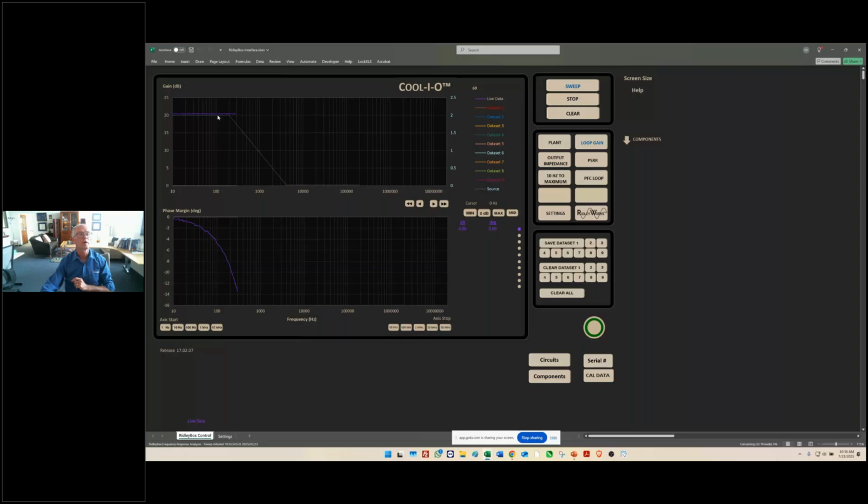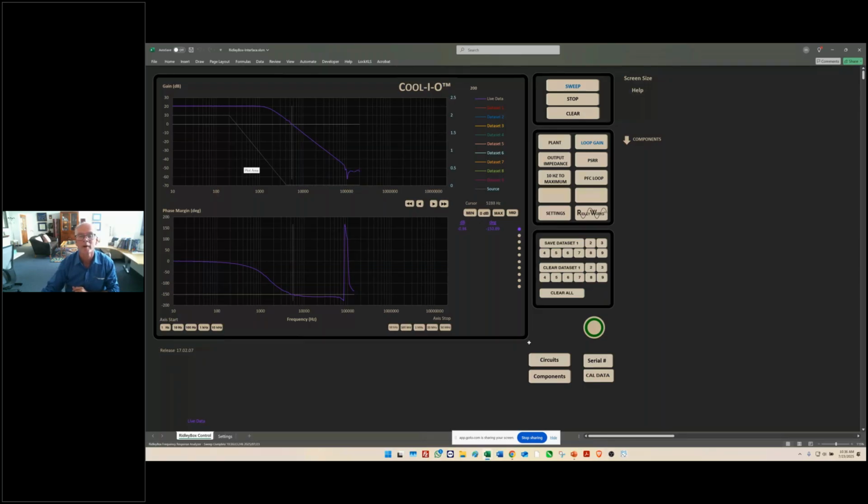And it's sweeping along. We see the LC filter coming in right there. A little bit of noise on it, but that's okay. Something you get used to after a while in sweeping power supplies. It's always going to be noise. And phase margin is now less than 50 degrees.